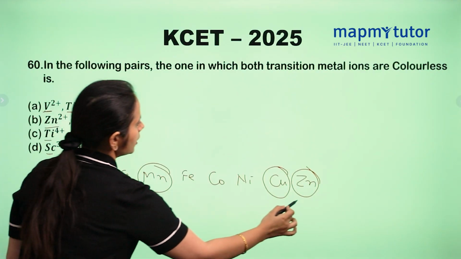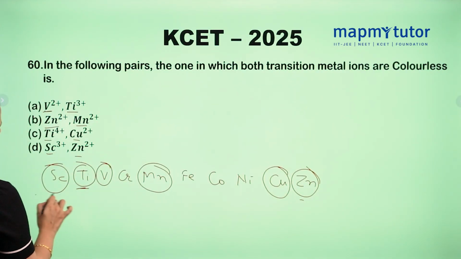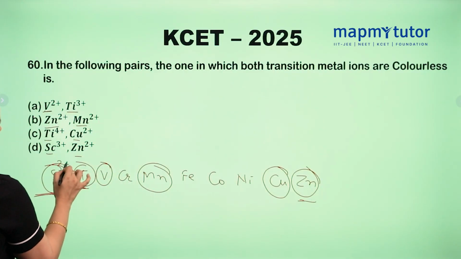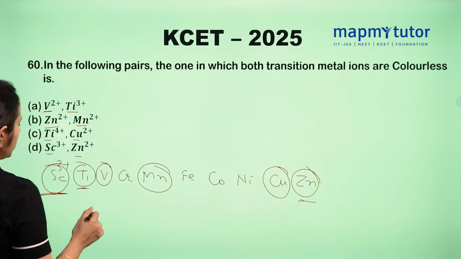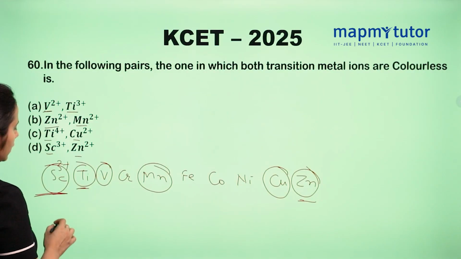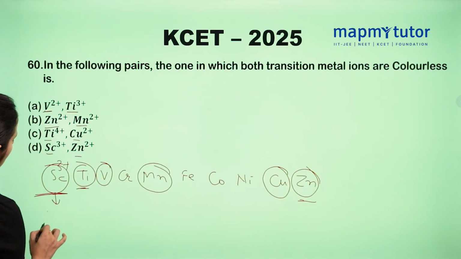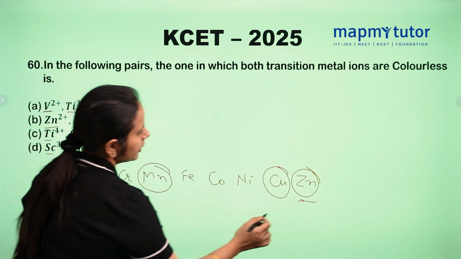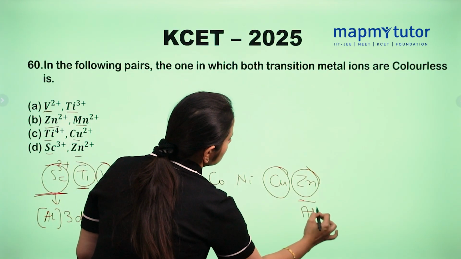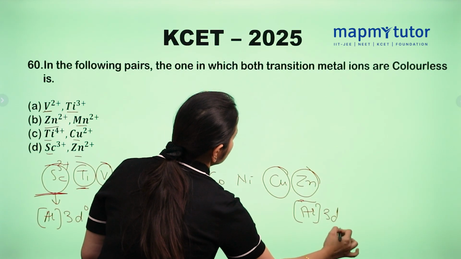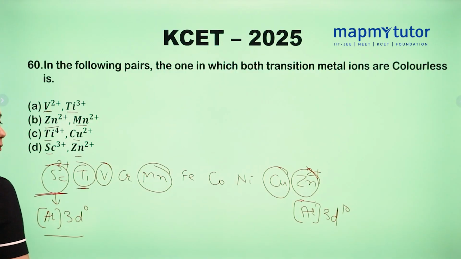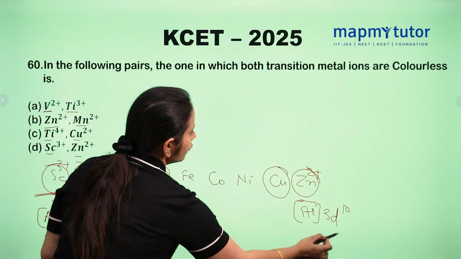So this is scandium and this is zinc. So only scandium and zinc, on oxidation, that is 3 positive, if we remove 3 electrons from the outermost shell, the electronic configuration comes out to be argon 3d0, and here it will be argon 3d10 for zinc 2 positive. So this is zero filled and this is fully filled.